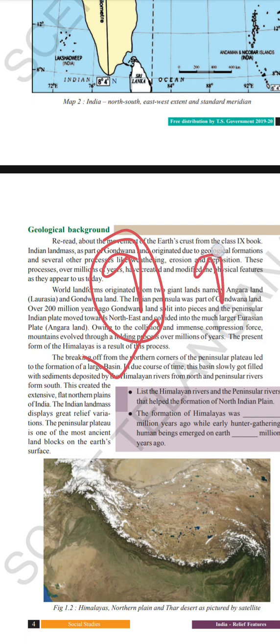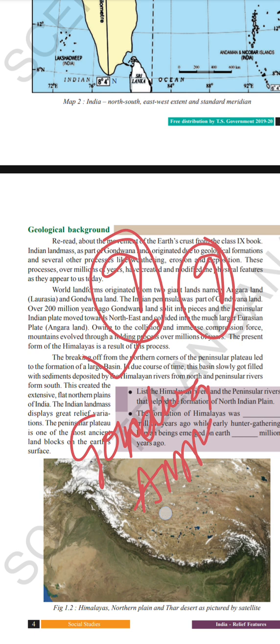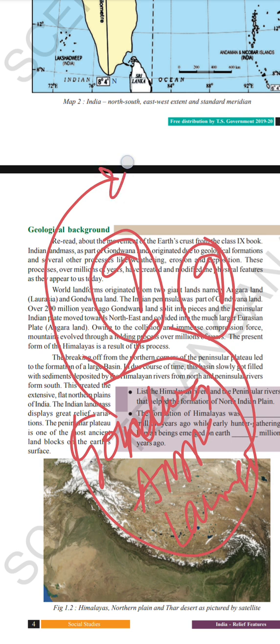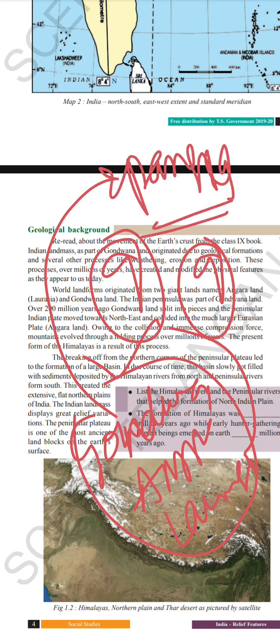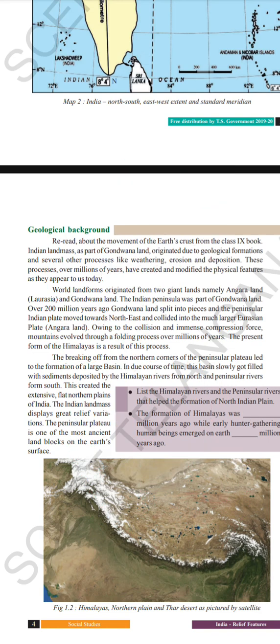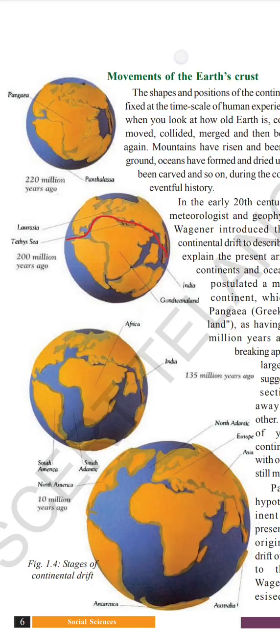Even if you concentrated somewhat in ninth standard, you may have an idea about Gondwana and Angara or Laurasia. These are the giant land masses which were formed from Pangea. Even if not, I'll take you to the ninth class concepts.